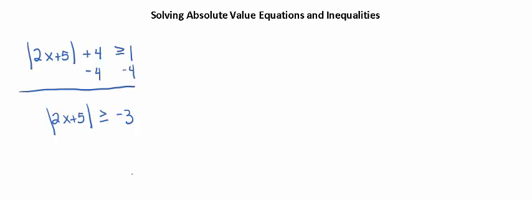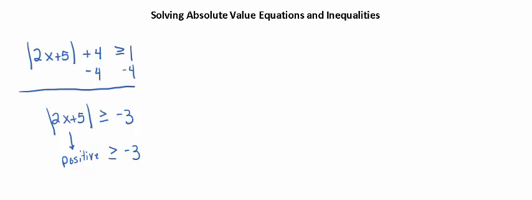Now, in this case, anytime you have an absolute value bar, you're going to have a positive result. So this is going to be positive no matter what's in there. Now, we should know that a positive will always be greater than negative 3.